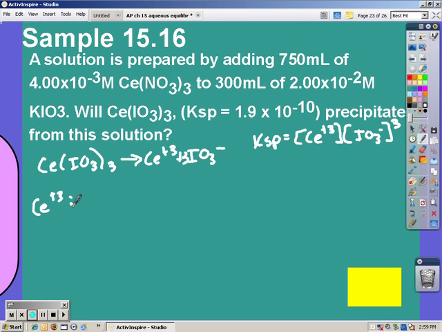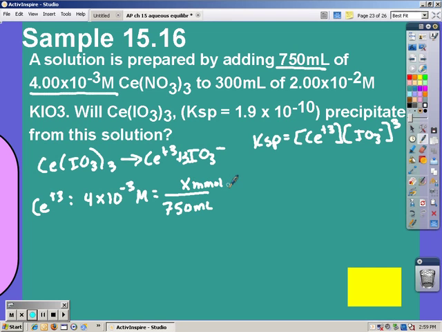So my cerium molarity is 4 times 10 to the negative third. I know my volume, so that's 750 milliliters. I can solve for millimoles. Or you could put liters in there and solve for moles, it doesn't matter.